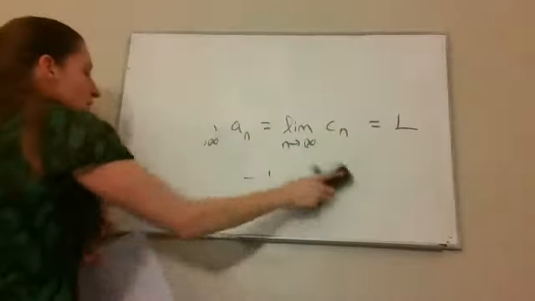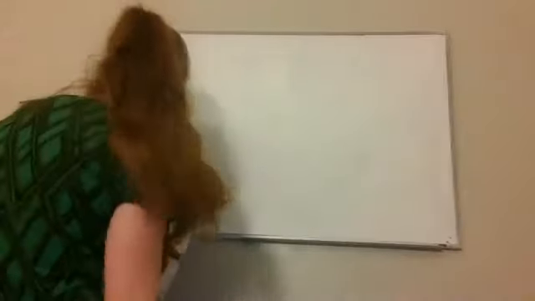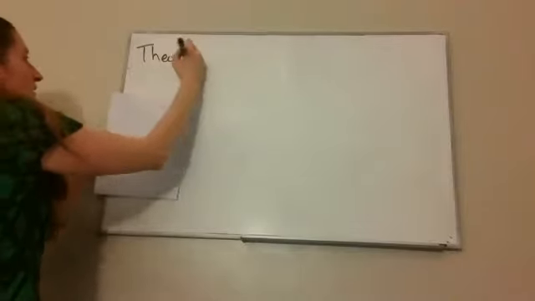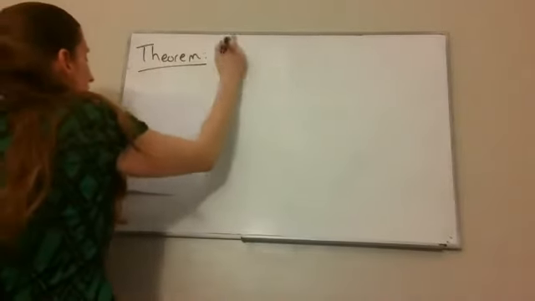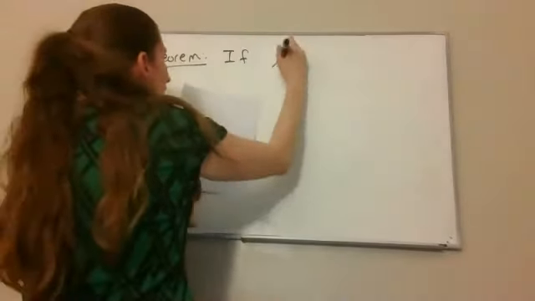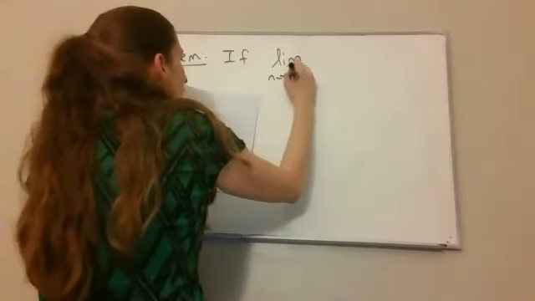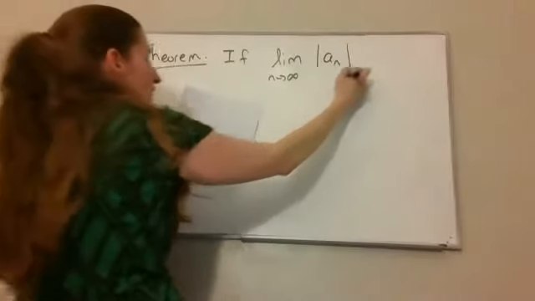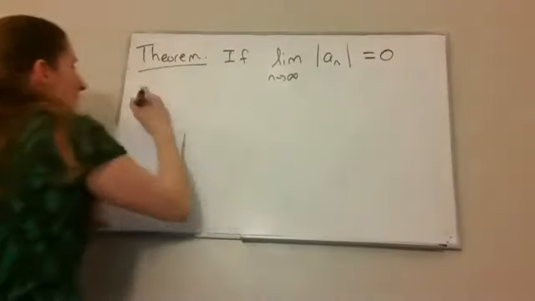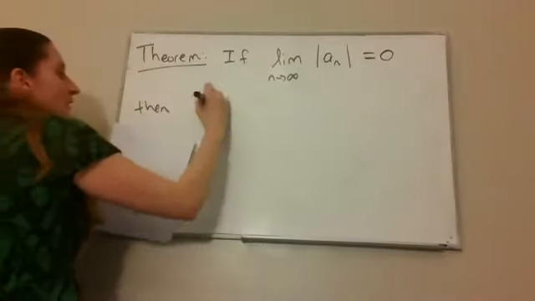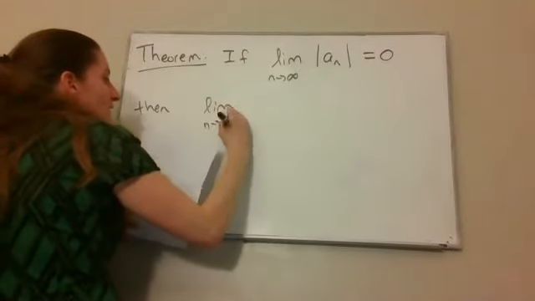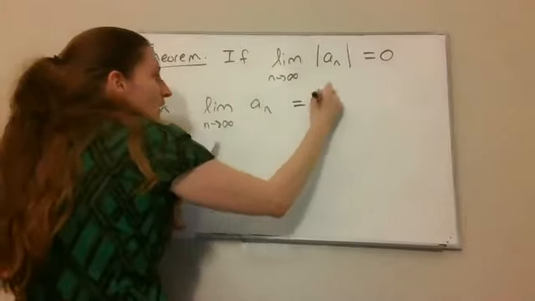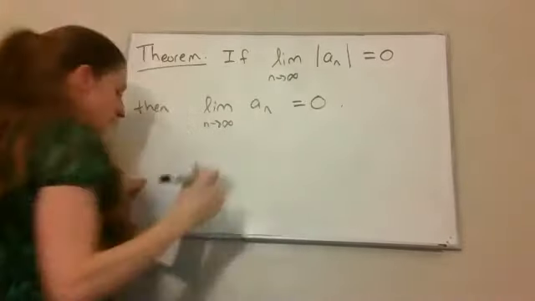One more theorem about limits of sequences. If the limit as n goes to infinity of the absolute value of the terms of your sequence equals 0, then the limit as n goes to infinity of your sequence without absolute values is also 0.